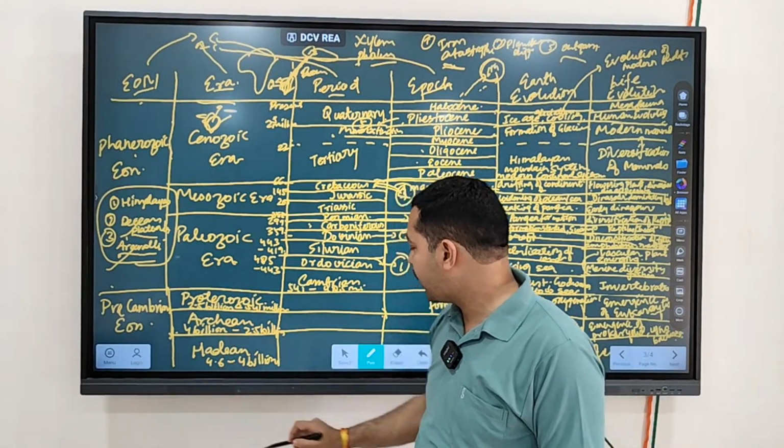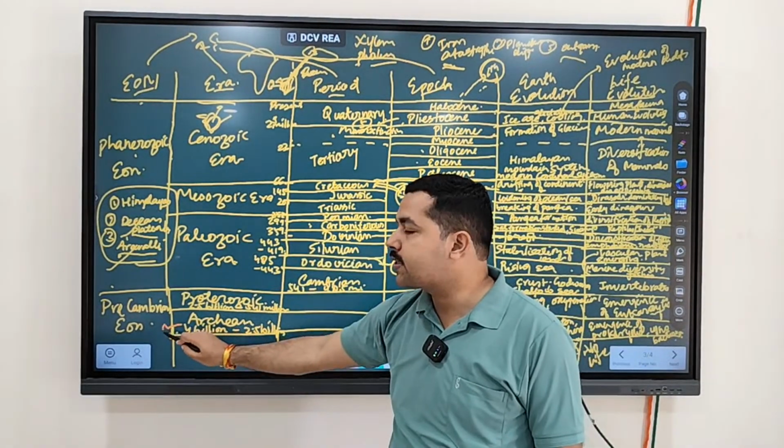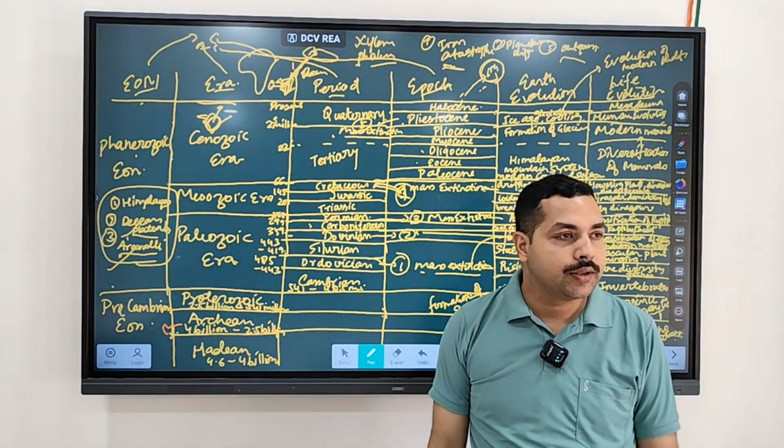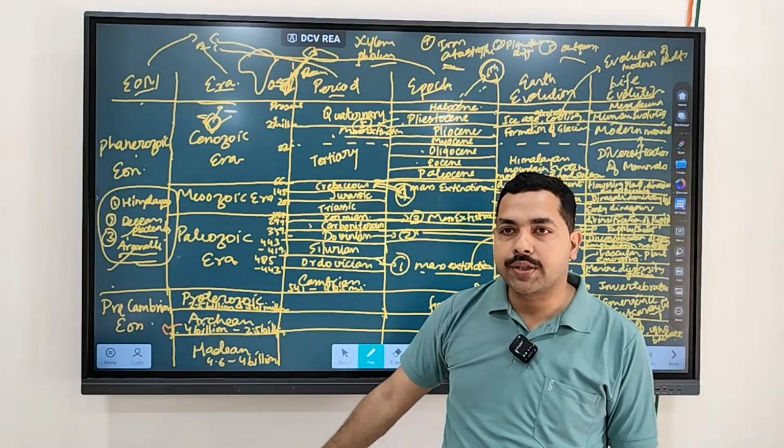Why are they named Archean rocks? Because their formation started in the Archean period. That's why they are called Archean rocks.